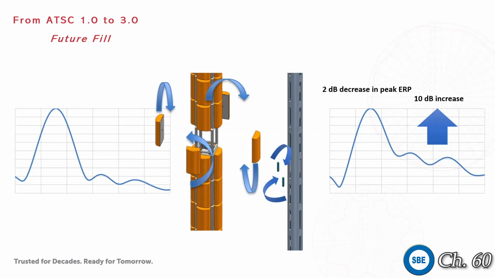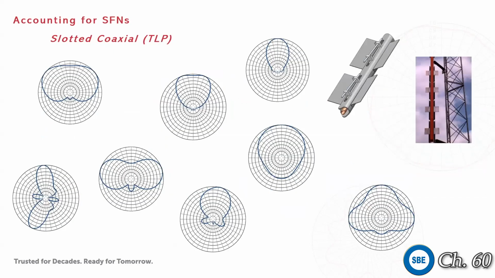Talking a little bit too about SFNs and the things that go along with that, there's a couple of things you can think about. For us, the workhorse that we typically throw out are the slotted coaxials. These are great. They're pretty low wind load and they have really high variability in their pattern, pretty much whatever you would like.